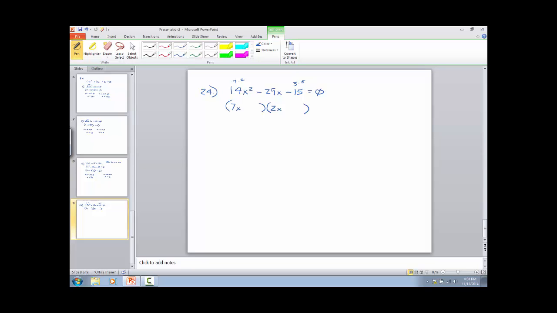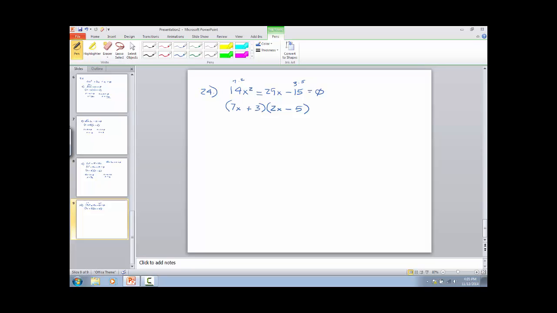So if we put in plus 3 here and minus 5, again, we need a plus and a minus in order to come up with a negative in the third spot, and we need the larger number to be negative in order to come up with a negative up here in the middle.